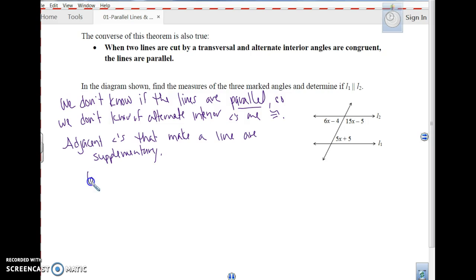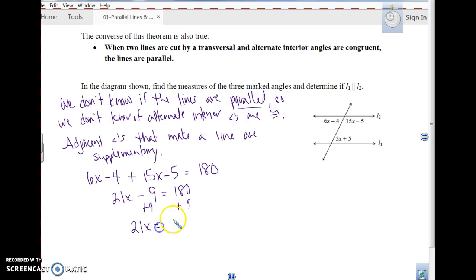So we can say 6x minus 4 plus 15x minus 5 equals 180. So add those together, you get 21x minus 9 equals 180. Add the 9, 21x equals 189, and then divide by 21, and that gives me x is equal to 9.